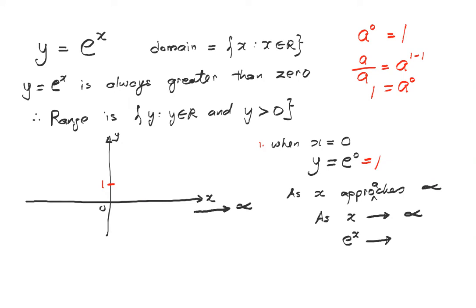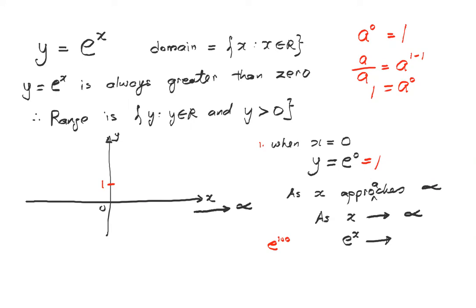What happened to the value of e to the power of x? You just imagine. So this one need imagination. So you just imagine e to the power of 100. Big or not? Big.